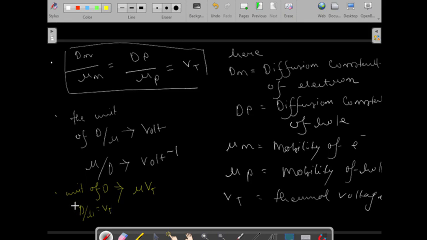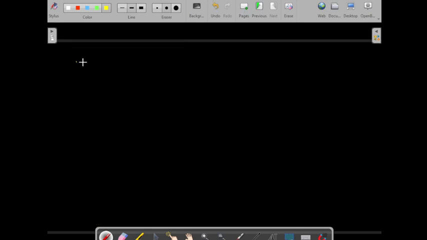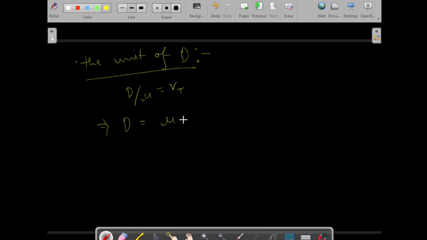You know the unit of mu is meter square per volt second and Vt is volt.